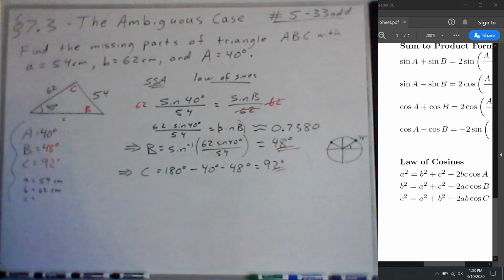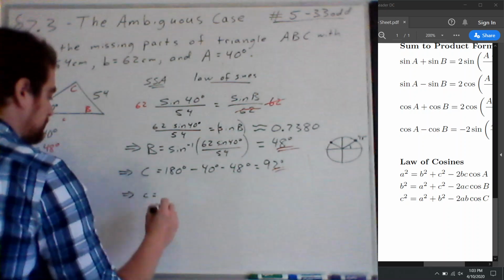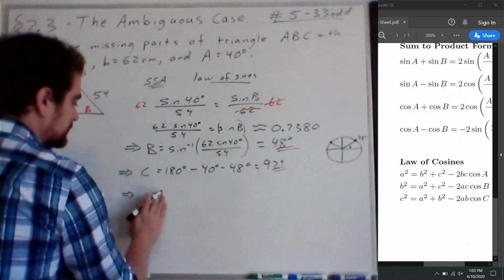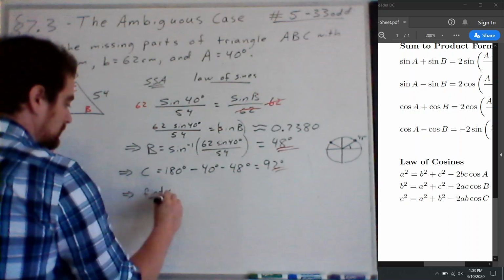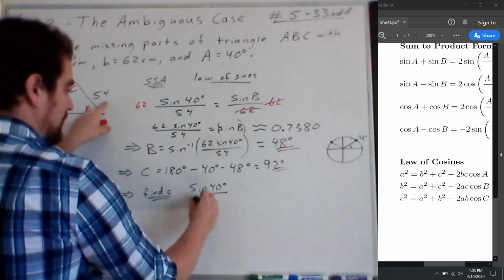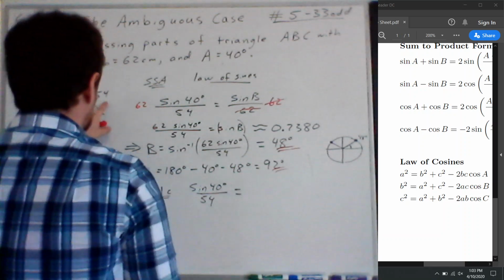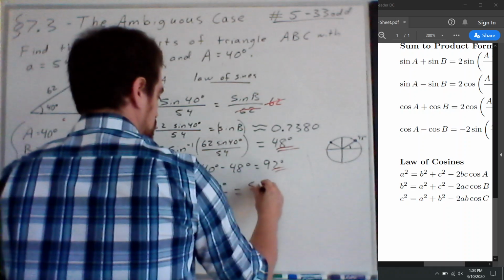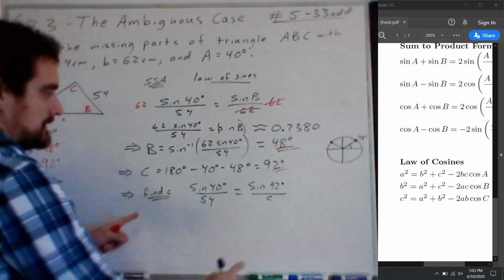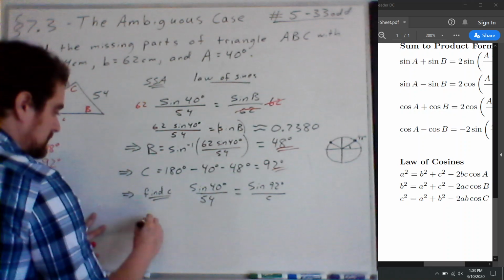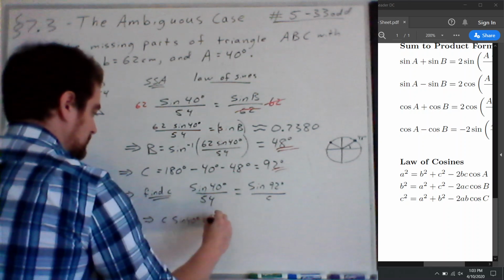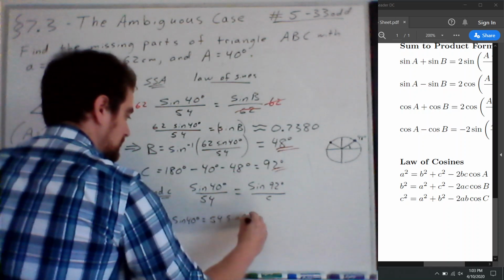Which means now I can go find little c. That's kind of our choice on how we want to do it. We could find little c by doing sine of A over A is equal to sine of C, which I just found was 92 degrees, over little c. Then I can cross multiply and solve for c, which tells me c times sine of 40 degrees is 54 times sine of 92 degrees.